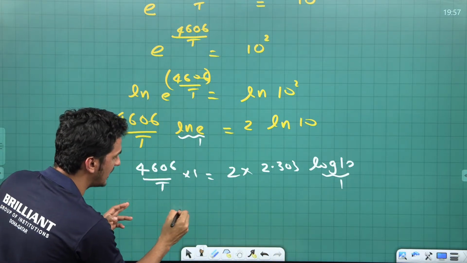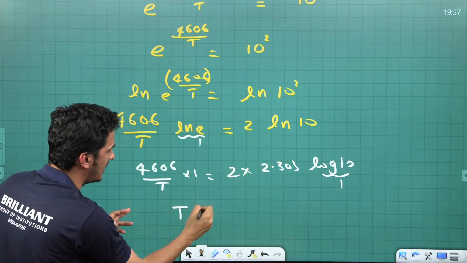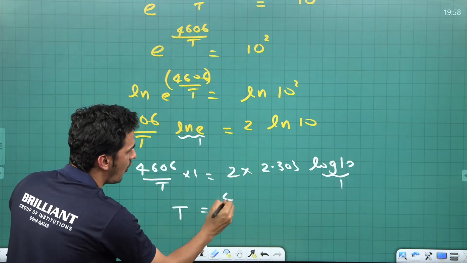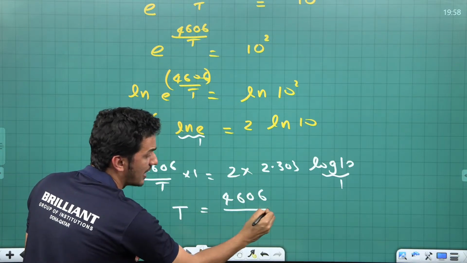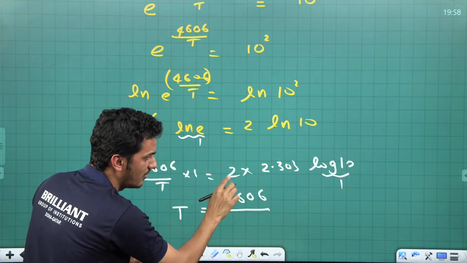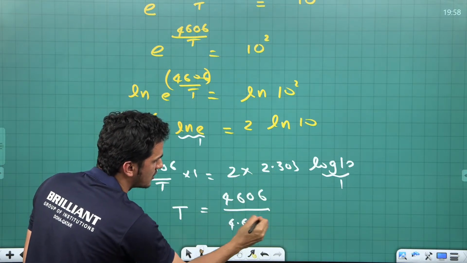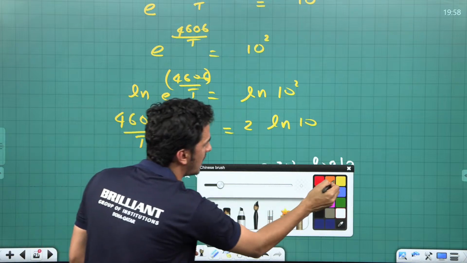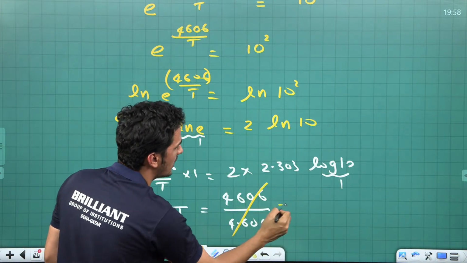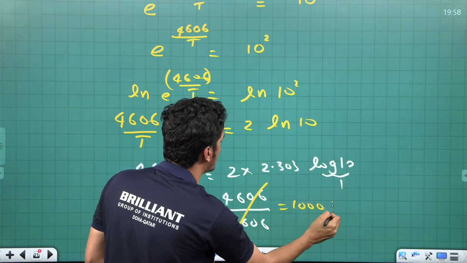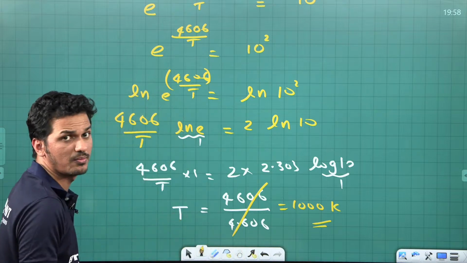Now I can take T to the right hand side. So T will be equal to 4606 divided by 2 into 2.303, which is 4.606. Cancelling this, you will get 1000 Kelvin. 1000 Kelvin will be the answer.